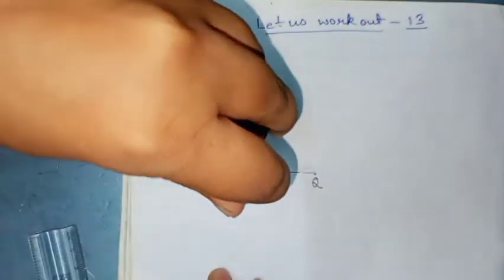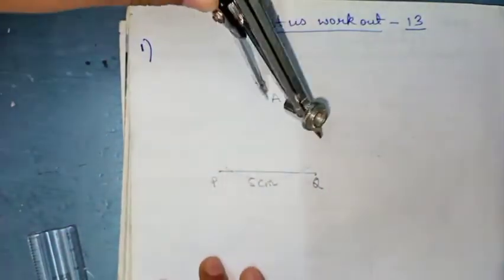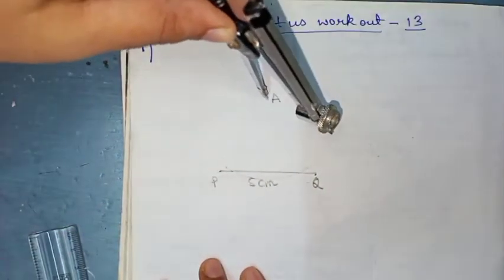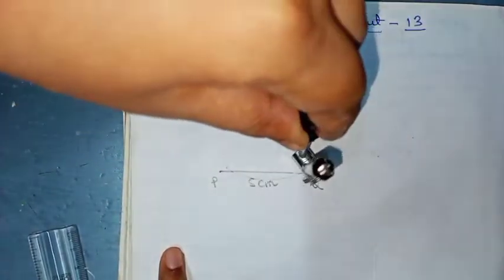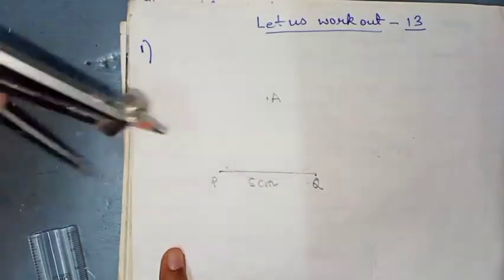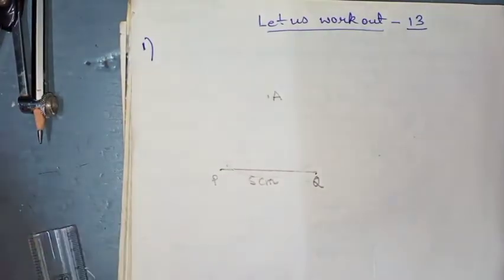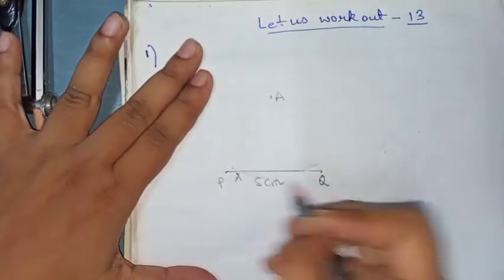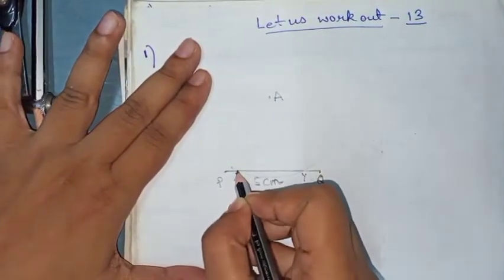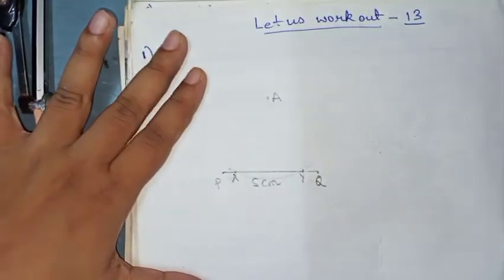Like this. Okay, again I am showing you. You will keep your compass point in point A and you will draw one arc like this. Okay, after this you will give the names X and Y to these intersection points.